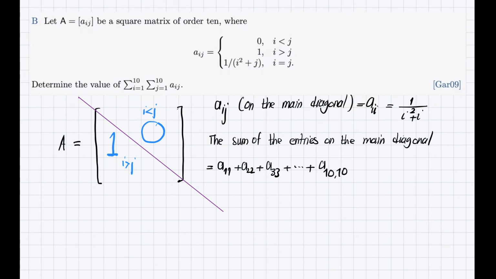So 10 is the i index, and 10 also again is the j index. But now a_ii is 1 divided by i squared plus i.